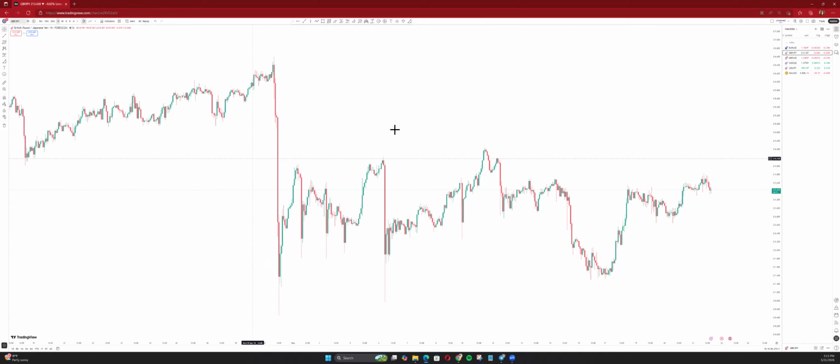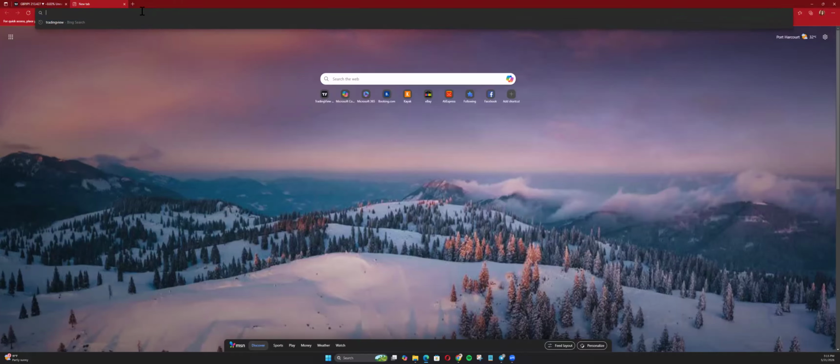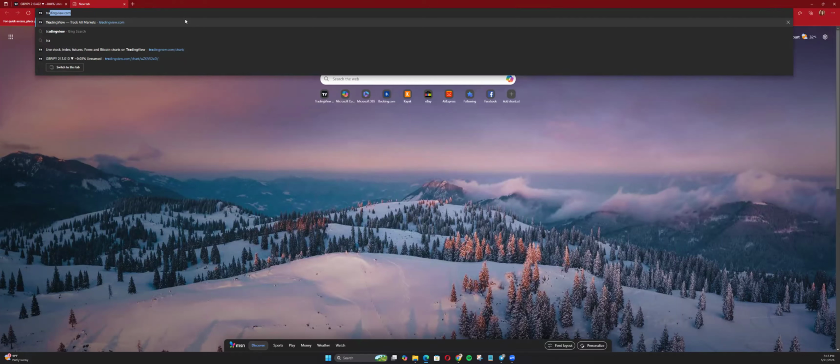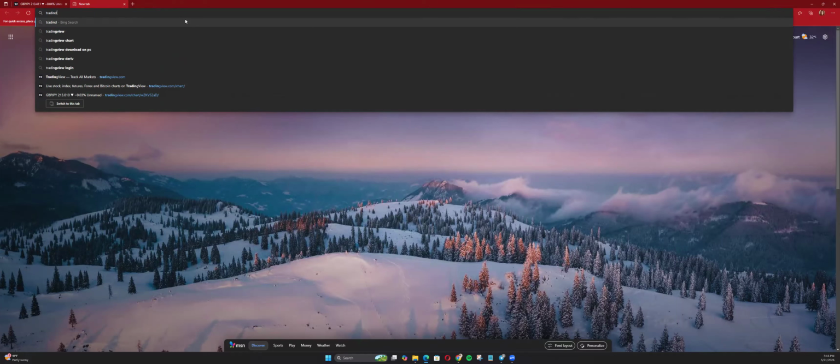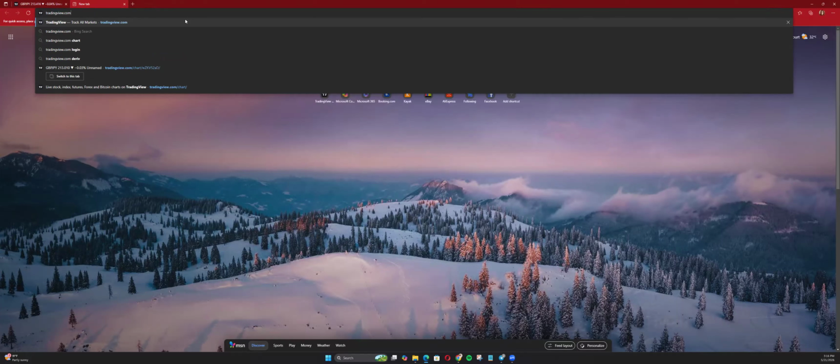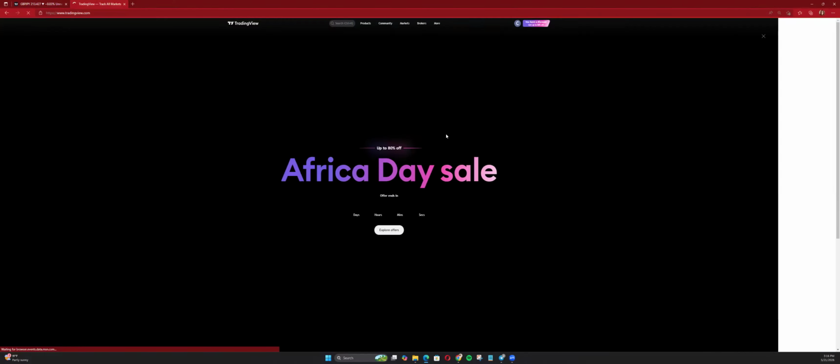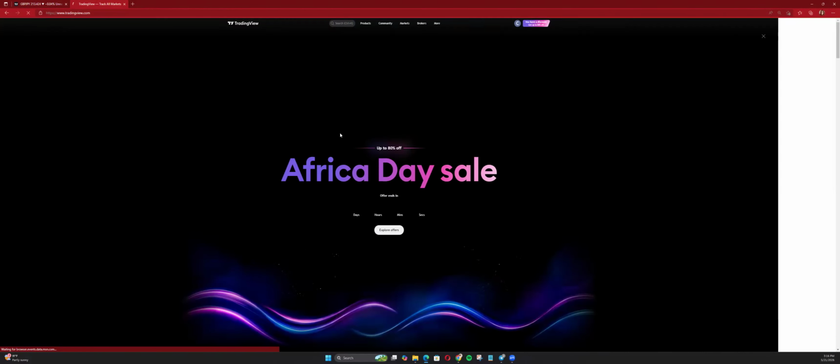So, yeah. If you're using a system, this is how it is. Usually when you open it new, let's say you go to tradingview.com, this is usually the first page you would see.